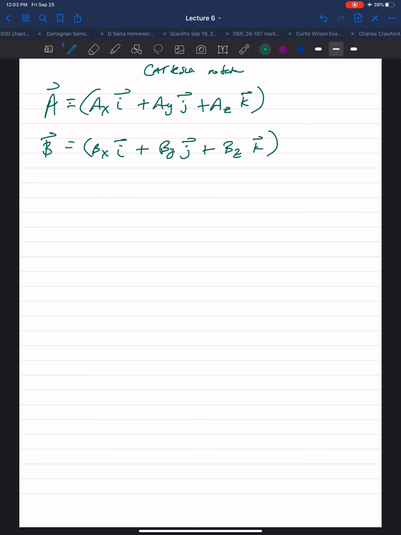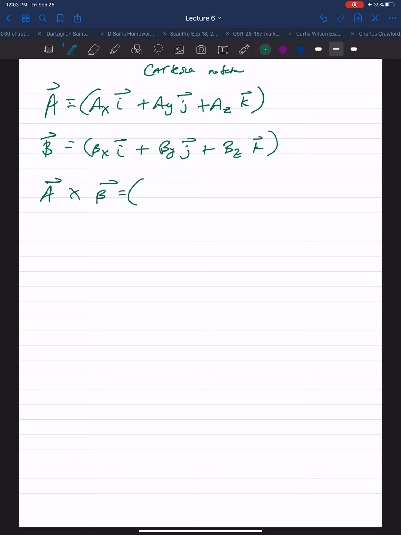And if we said vector A cross vector B, we have to multiply each one out. So A cross B, it's going to be a little lengthy, but let's get through it.